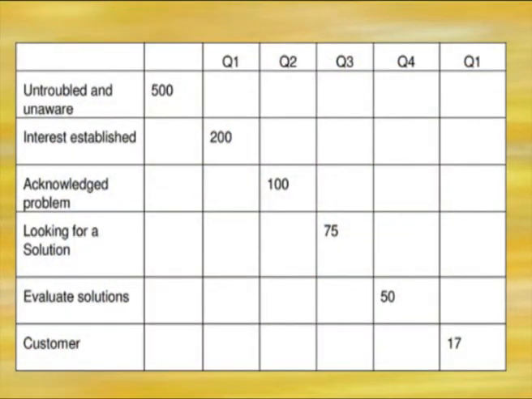Imagine a simple progression. Let's say that you had 500 prospective customers, and those 500 prospective customers went through a series of stages to become 17 customers. You can express the success as 40%, then 50%, then 75%, then 67%, and finally 33% of each of the stages through that journey.